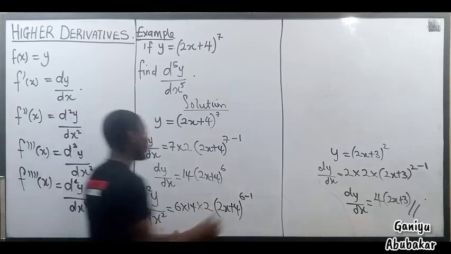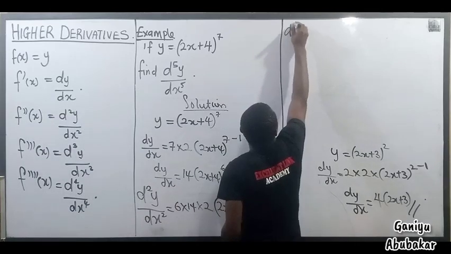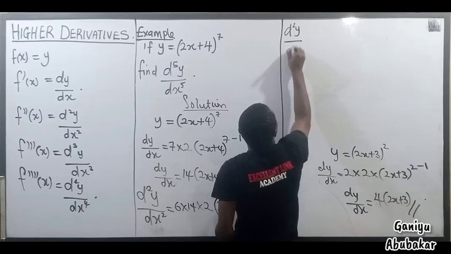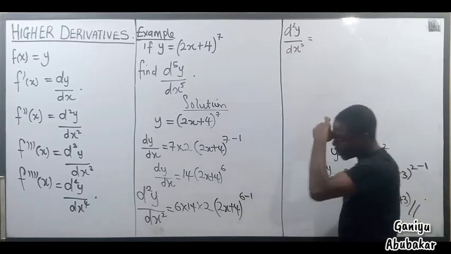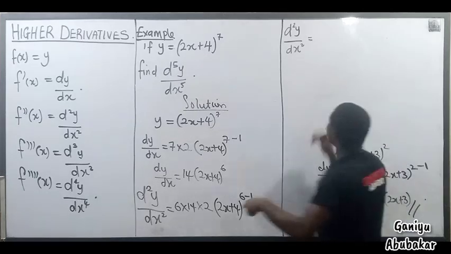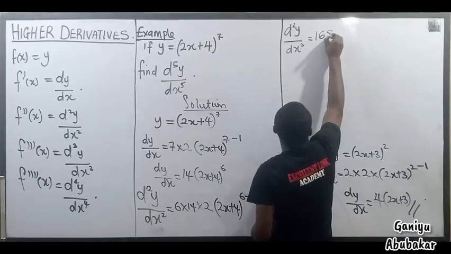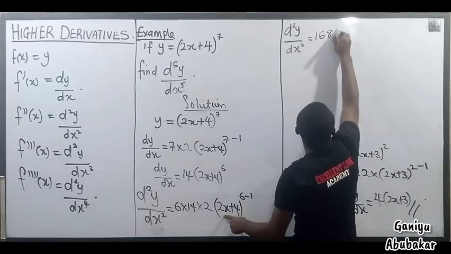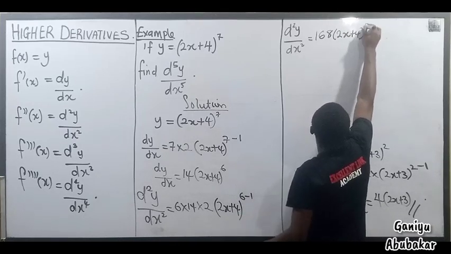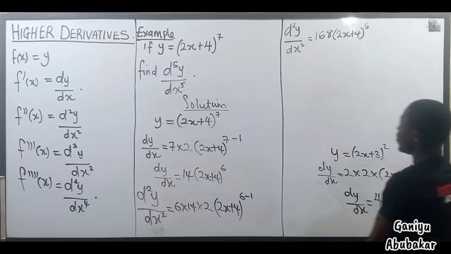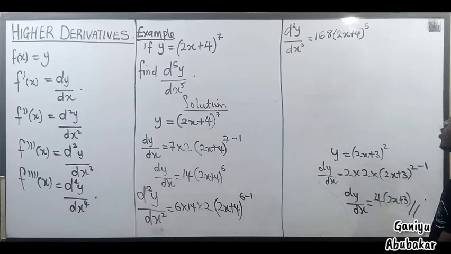Final answer here, d²y/dx² will be equal to 6 times 14 times 2, which is 168, next I have (2x + 4) all to the power 5. I've gotten my value for d²y/dx².